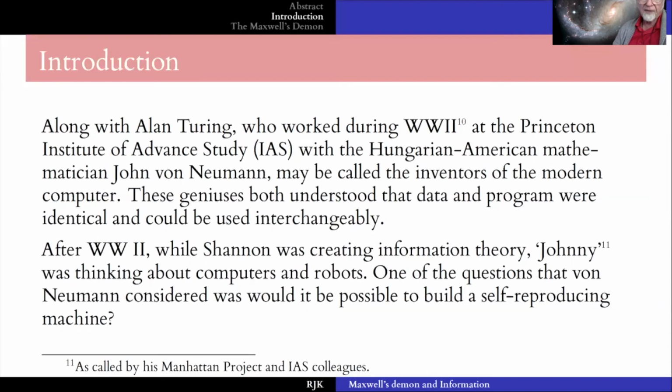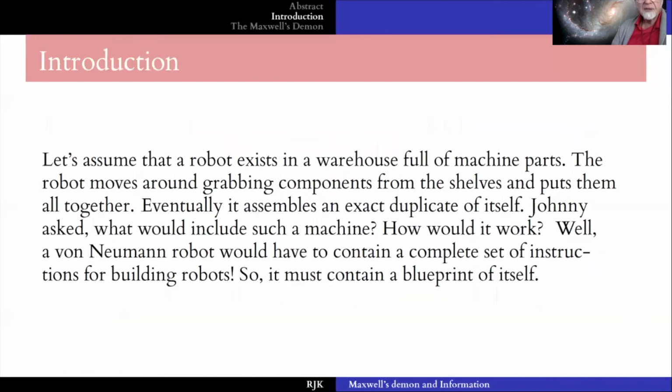One of the questions that von Neumann considered was, would it be possible to build a self-reproducing machine? Let's assume that a robot exists in a warehouse full of machine parts. The robot moves around grabbing components from the shelf and puts them all together. Eventually, it assembles an exact duplicate of itself.